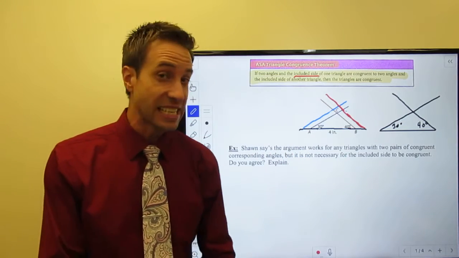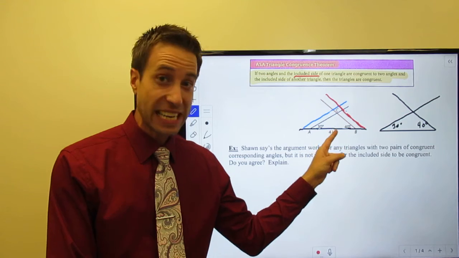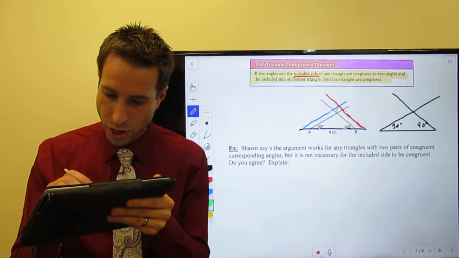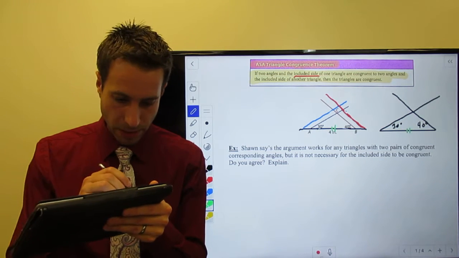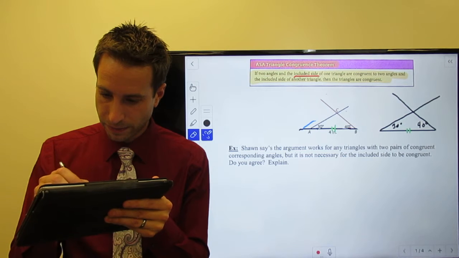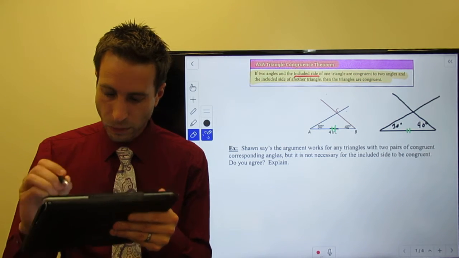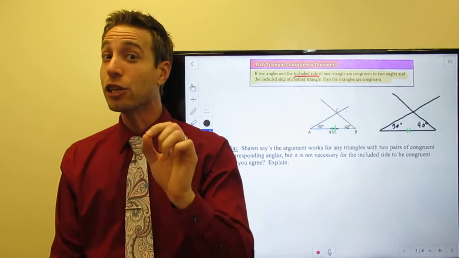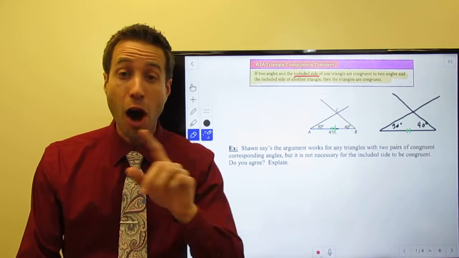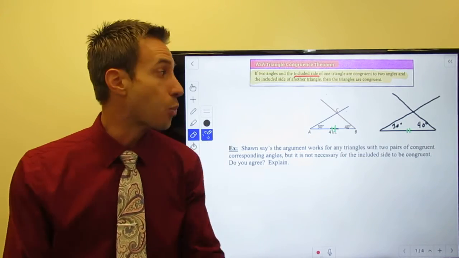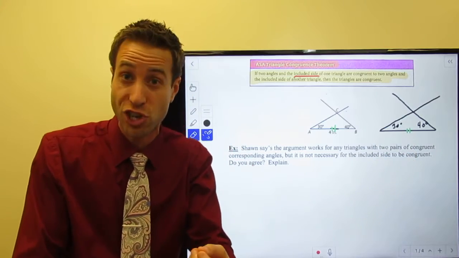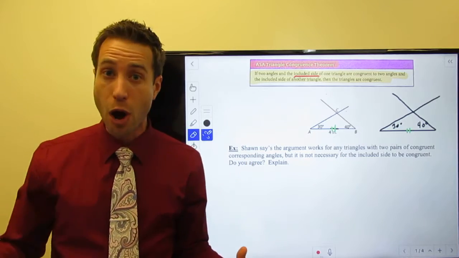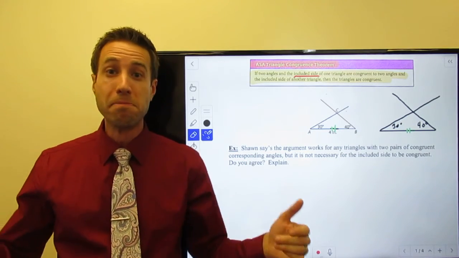So what this means is, if I can show that this included side is the same in both triangles, since that included side determines the length of the other two sides, then what I know without even having to check them is this: if I can show that the included side is congruent, then I know the other two sides must be congruent.